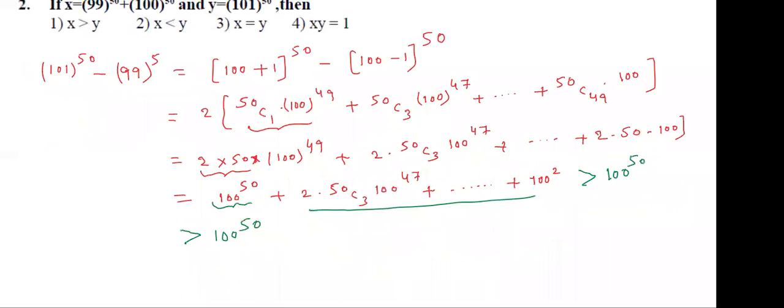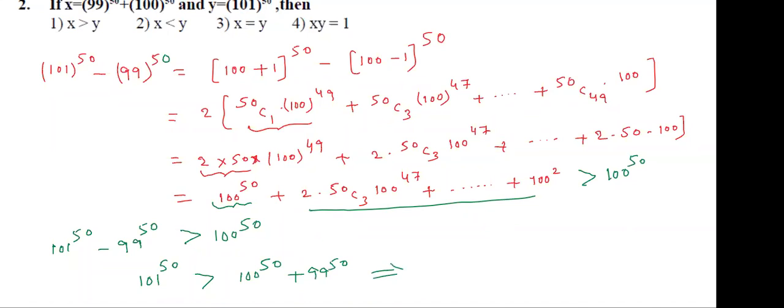Okay. Now see the left hand side: 101^50 minus 99^50. Here I wrote only 5 by mistake, it is 50. Now see this. 101^50 minus 99^50 is greater than 100^50, so 101^50 is greater than 100^50 plus 99^50.